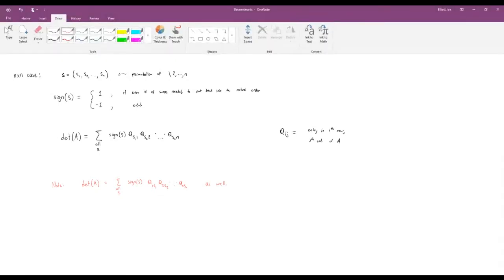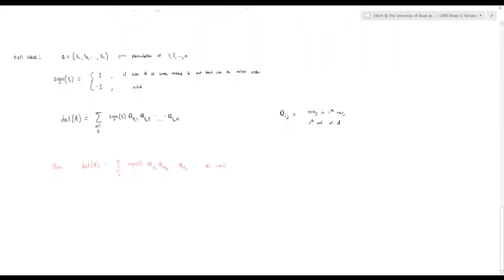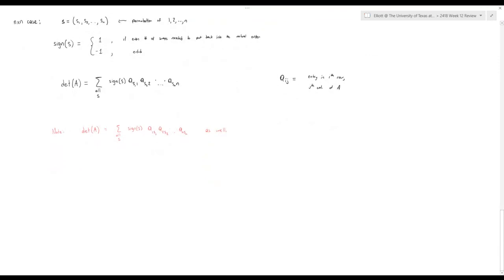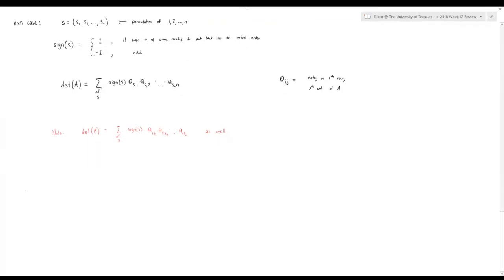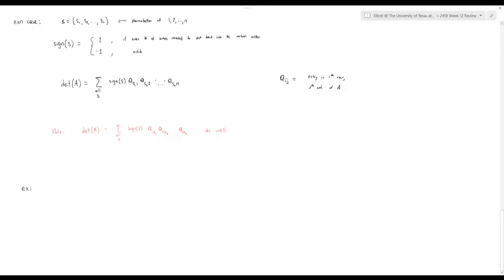Okay, so let's see how this big formula would work to compute the determinant of a 3x3 matrix. Yeah, so here the columns 1 through n are fixed, if you will. This is always an entry in the first column. This is always an entry in the second column.